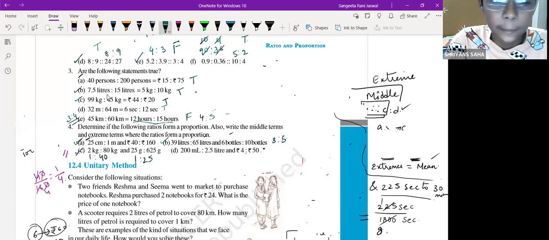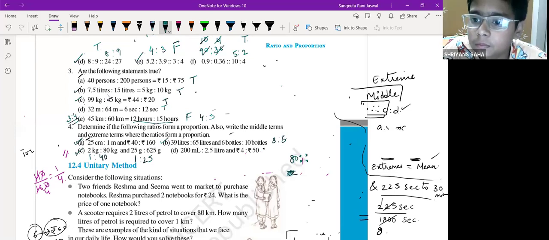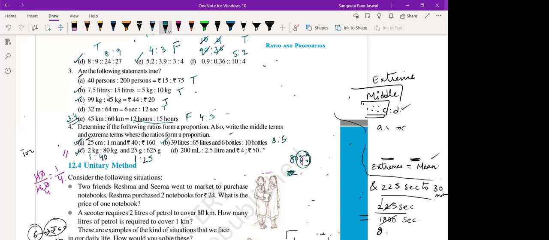So then they are not in proportion, so we cannot say they are middle terms because the ratios are not in proportion. We call them middle terms only when this sign is there in between, the proportionality sign. But if this sign is not there, they are not in proportion. So there is no middle term and extreme term. Okay.